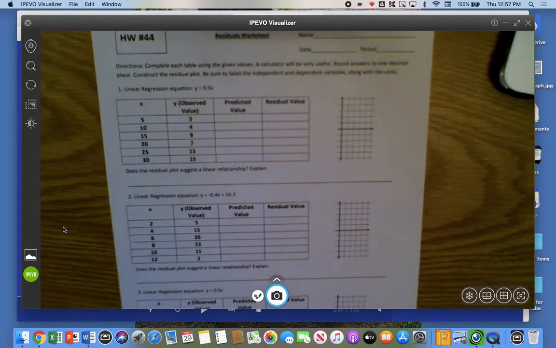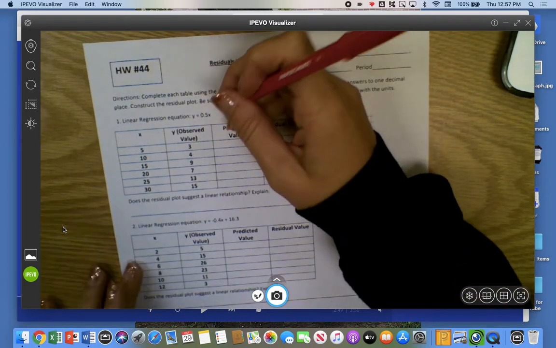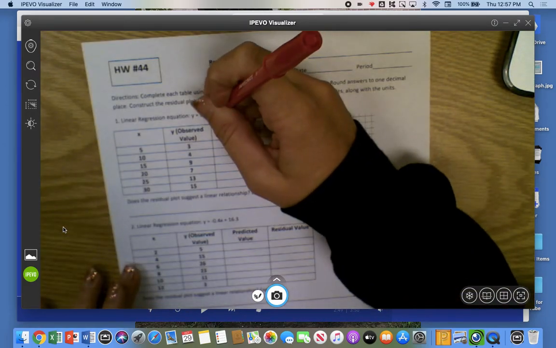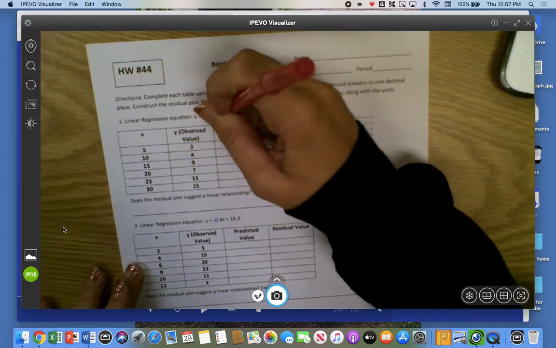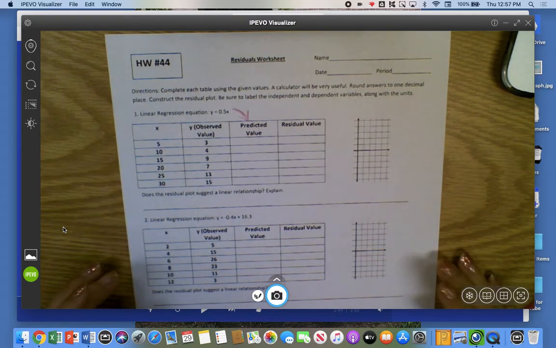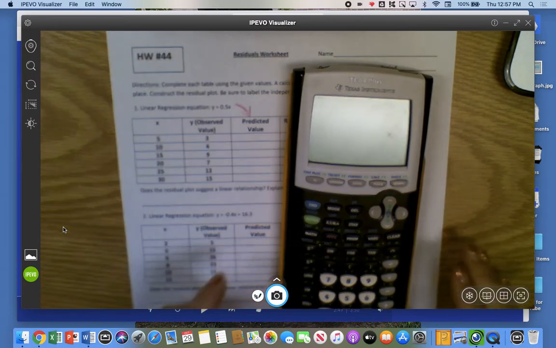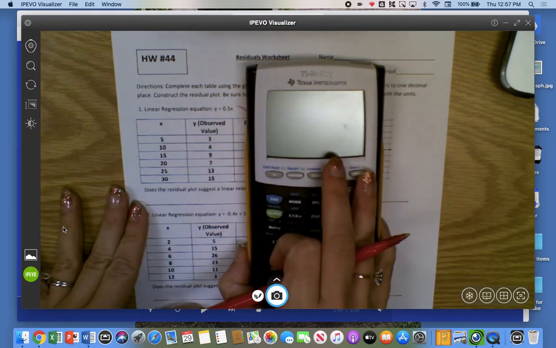Whenever we do residual plots, we compare the predicted value and the observed value. The predicted value comes from the equation, so the equations go right here, and whatever we get here is going to be our predicted value.